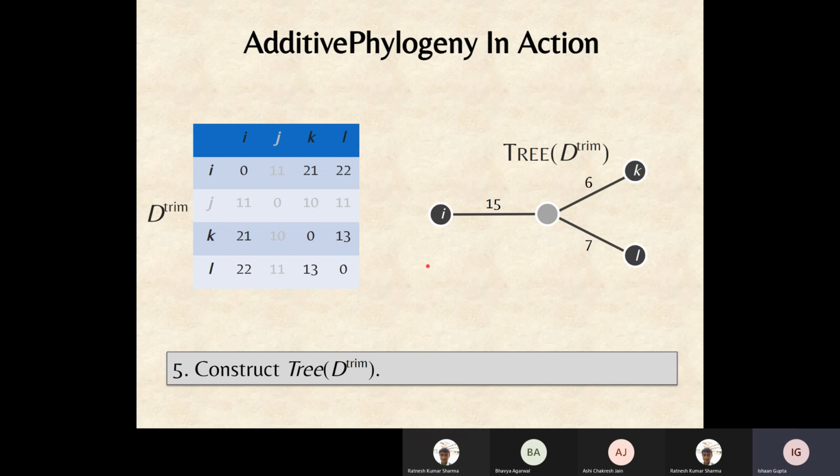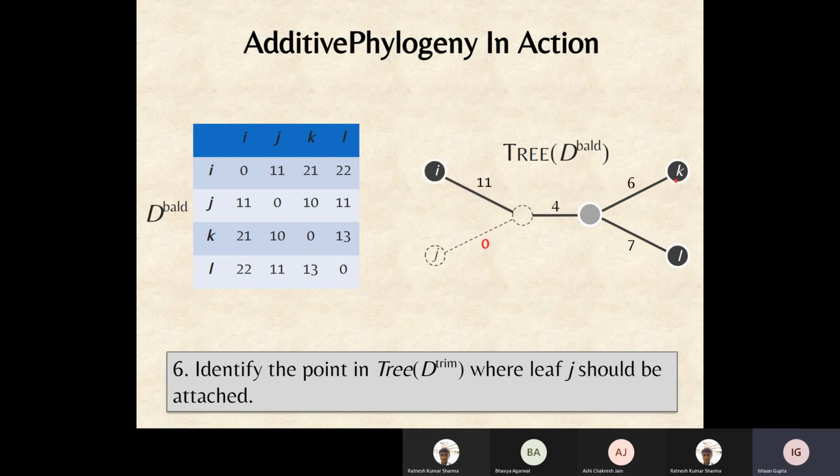Here things are straightforward. You can construct the tree based on the distance phylogeny that was given earlier, giving you this simple tree. The next thing is, given that you have constructed this trimmed tree, where exactly would you attach j?